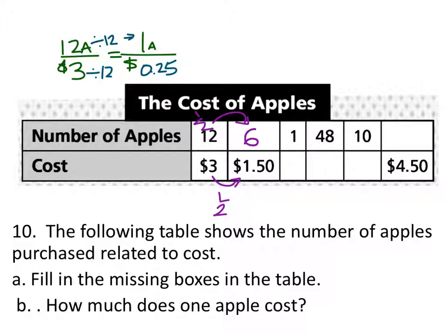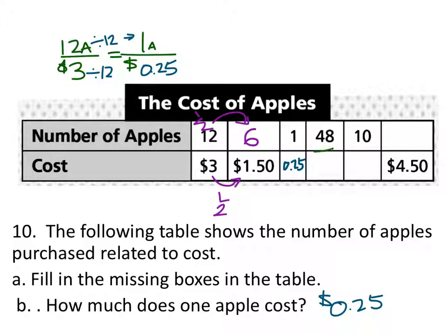Or it's a fourth of a dollar, either way. So if I wanted just 1 apple, I would have the cost of 25 cents, which actually answers part B, right? How much does 1 apple cost? 25 cents. But let's finish the table.